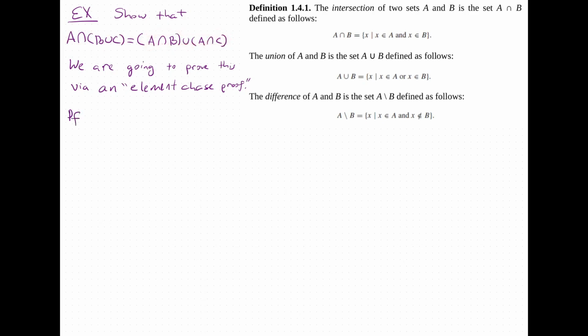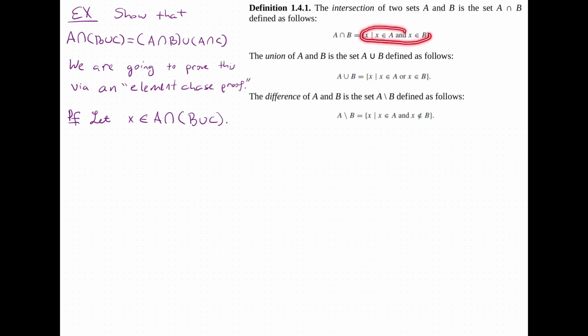Proof. We're going to go ahead and let x be in A intersect B union C. Well, what does this mean? We have our definition of intersection.